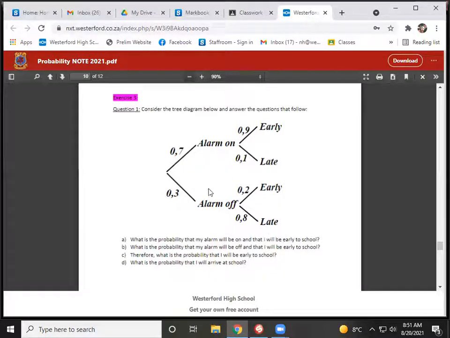All right. Now they're saying, what is the probability that my alarm will be on and that I will be early to school? So we say alarm on and early. And what am I going to do with those values? I'm going to times them. 0,7 times 0,9. Okay, that was the first answer.